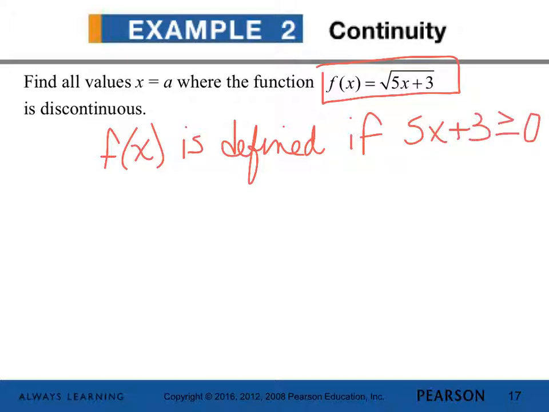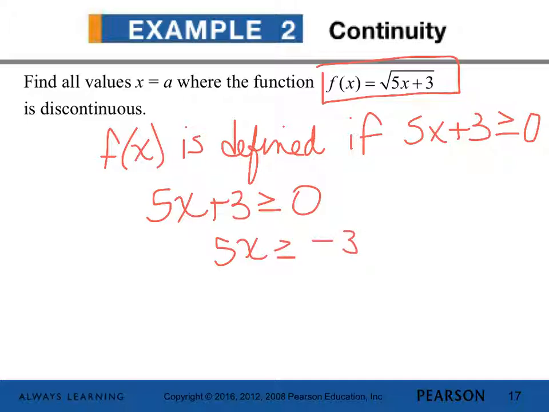And that's because we can take the square root of 0, but we can't take the square root of negative numbers. So if 5x plus 3 has to be equal to or greater than 0, that means 5x has to be equal to or greater than negative 3, because we subtract 3 from both sides. And then that also means that x has to be equal to or greater than negative 3/5.